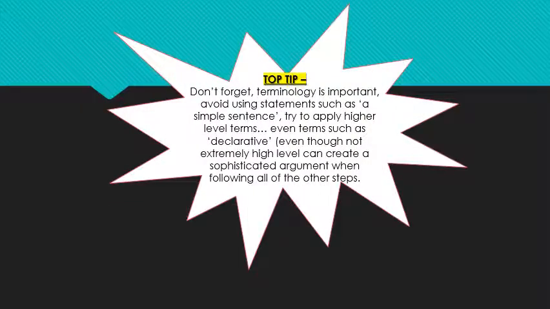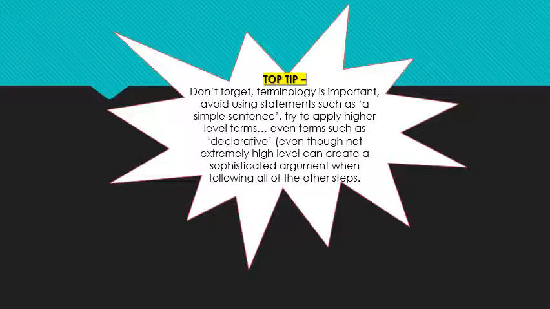So a little tip here is don't forget your terminology is important. You do need to be referencing authorial choices for your analysis and evaluation. It's really, really important. It's simply not enough to say a simple sentence. It's just not enough, not for HLIB. So do try to apply higher level terms when you can think of them, and like I said, even terms such as a declarative, that's not extremely high level, but you can create a sophisticated argument if you link that structural device in with the other steps that you followed.